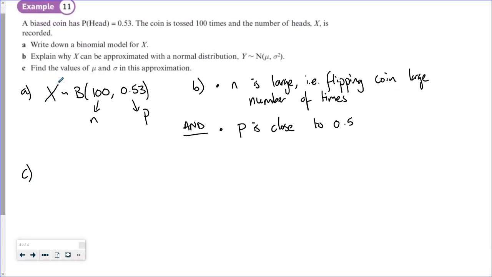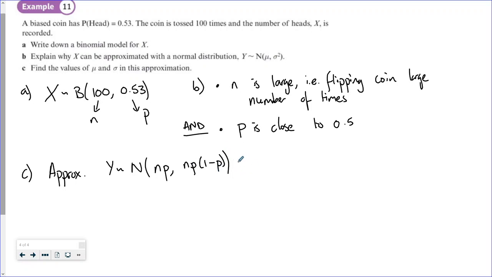In part C, we're asked to find the values of mu and sigma for this normal distribution. So remember, our approximation is that Y approximately follows a normal distribution. Now mu is going to be np, and the variance sigma squared is going to be np(1 minus p).